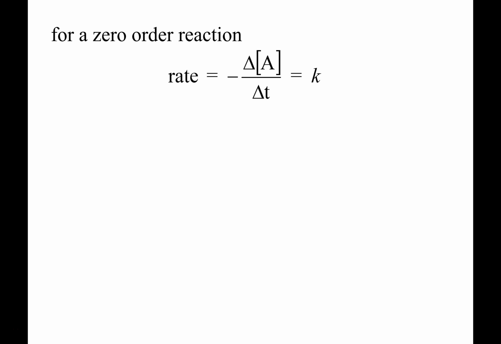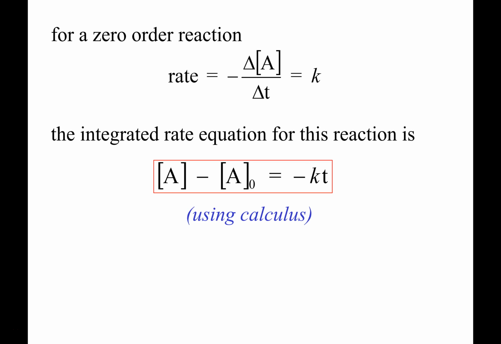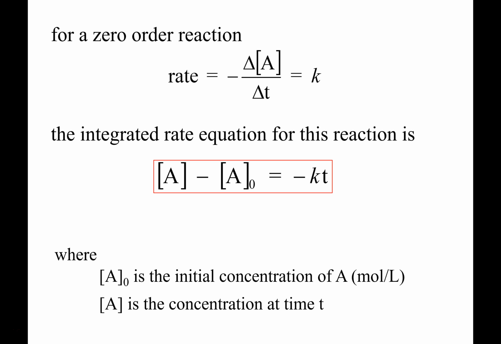So for zero order, we can come up with this time concentration equation, where A0 is the concentration you started out with, and A, the molar concentration of A, is the concentration at time t. See how that works.